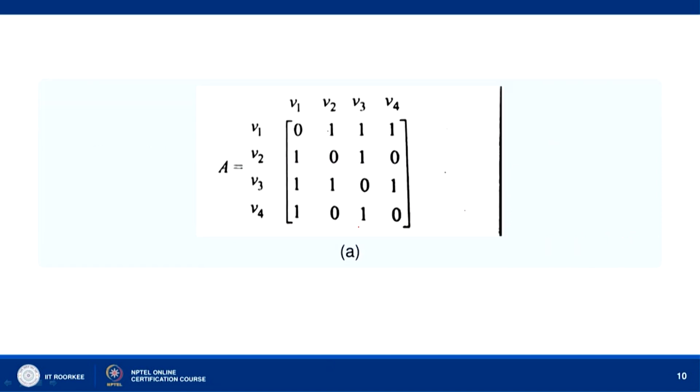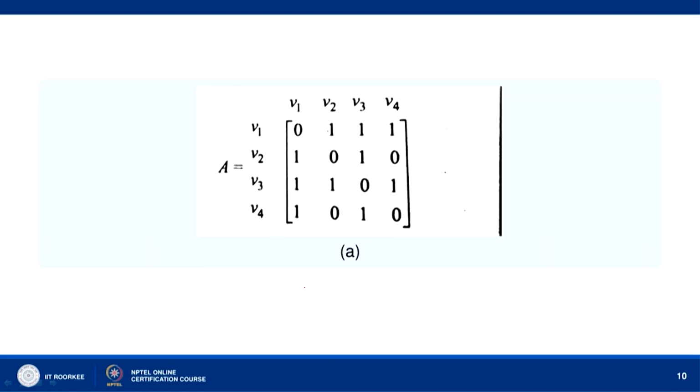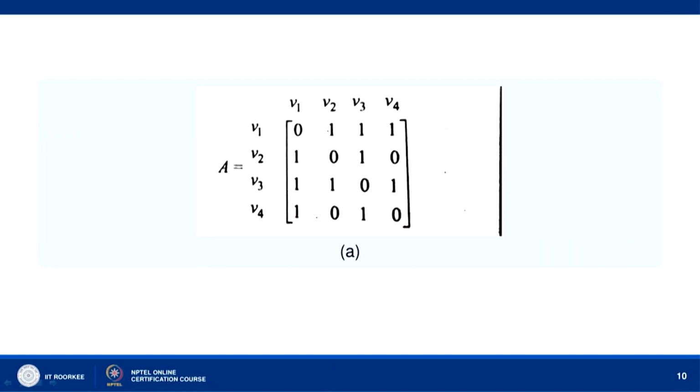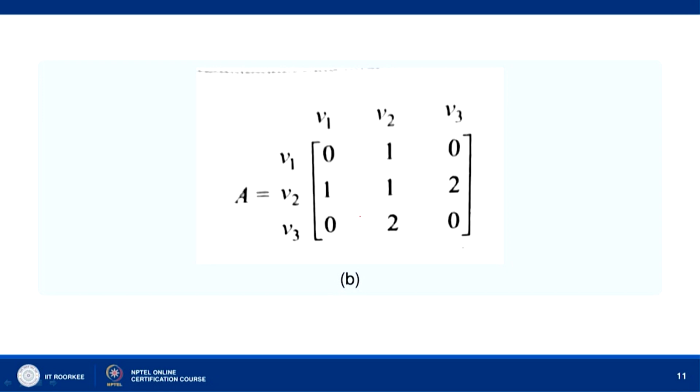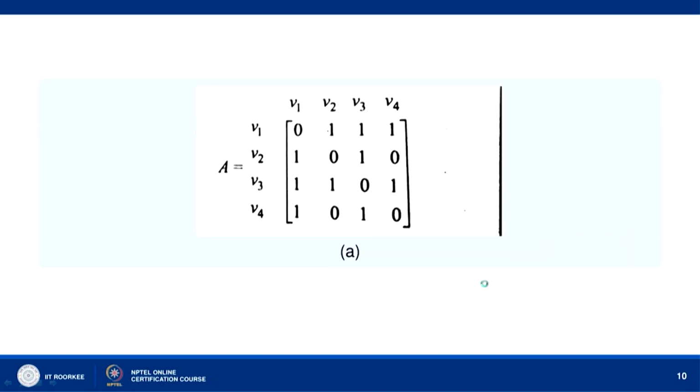Now, this is the adjacency matrix for part A: 0 1 1 1, 1 0 1 0, 1 1 0 1, 1 0 1 0. So, that is the adjacency matrix for part A, then the adjacency matrix for part B: 0 1 0, 1 1 2, and then 0 2 0.